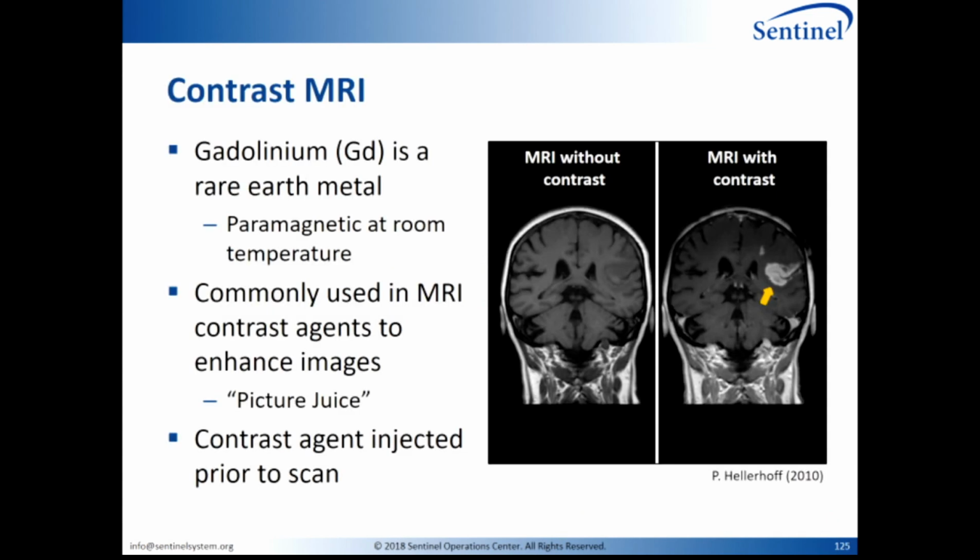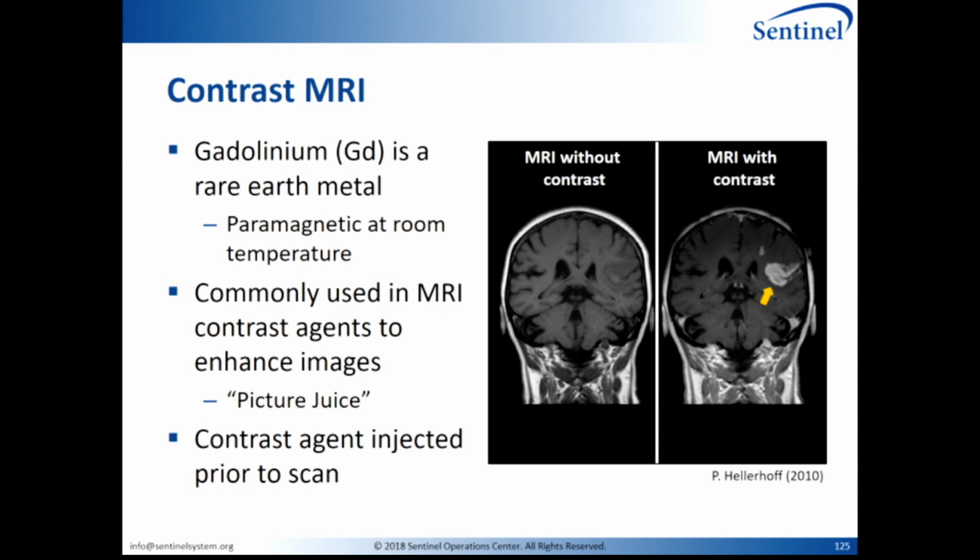So gadolinium is a rare earth metal, and it is paramagnetic at room temperature, and it's used frequently in MRI contrast agents to enhance images. For this reason, it's often been referred to as picture juice by radiologists.